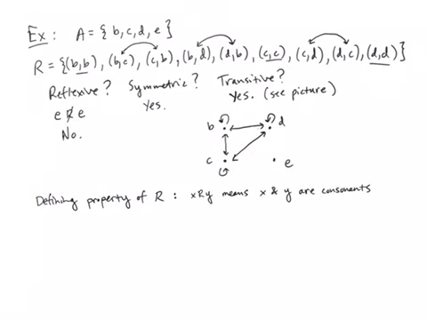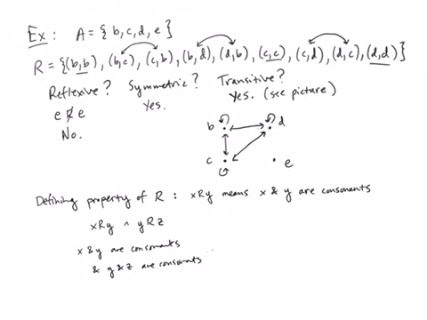Yeah, so with this, it's pretty clear that we have a transitive relation, because if X related to Y and Y related to Z, this just means X and Y are consonants and Y and Z are consonants.